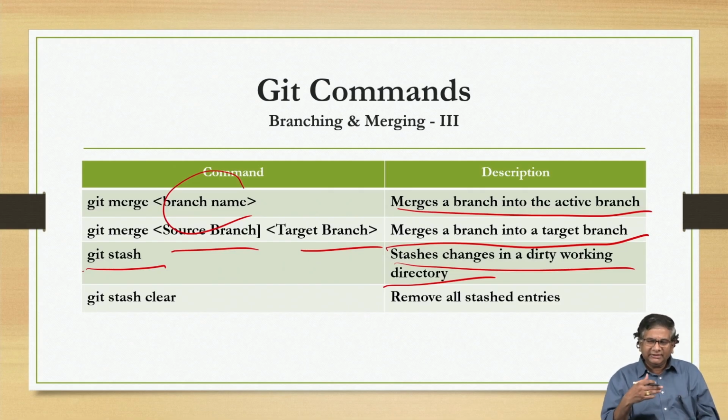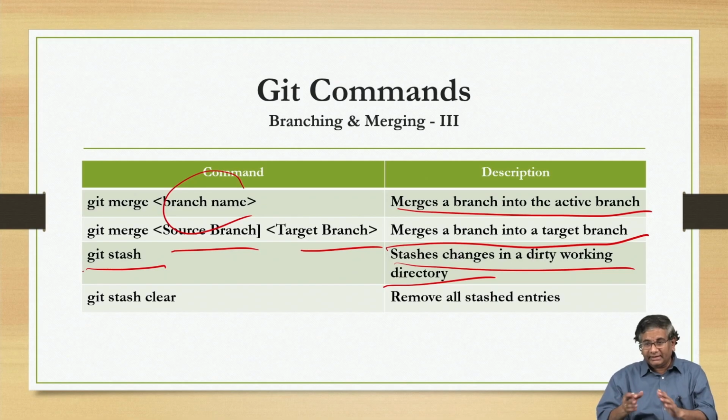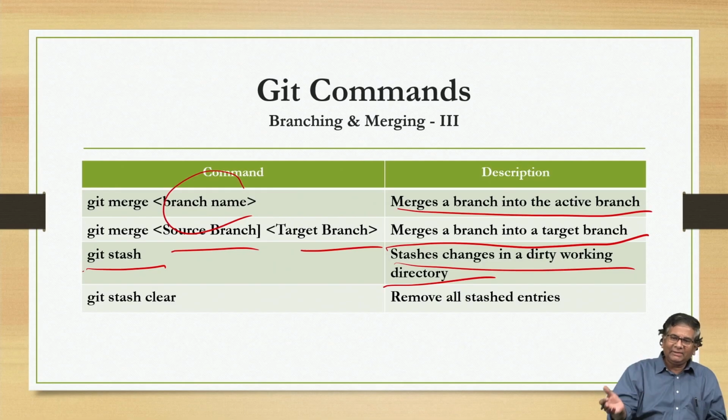Sometimes when you have CI/CD implemented using DevOps, that could actually trigger a build when you push something into the host, right? So you stash them. Stash means temporarily store. Staging is for difference checking, for taking a decision to commit or not commit. Stashing is like temporarily storing this and moving to another project. Once that project is done, I will come back and unstash, right? So that's what it is.